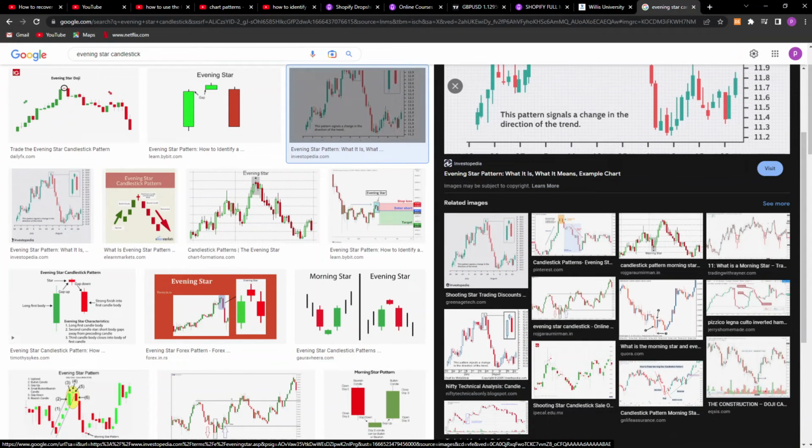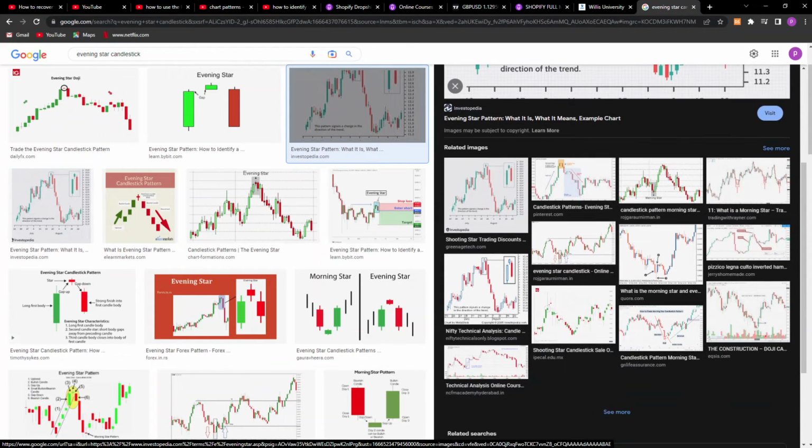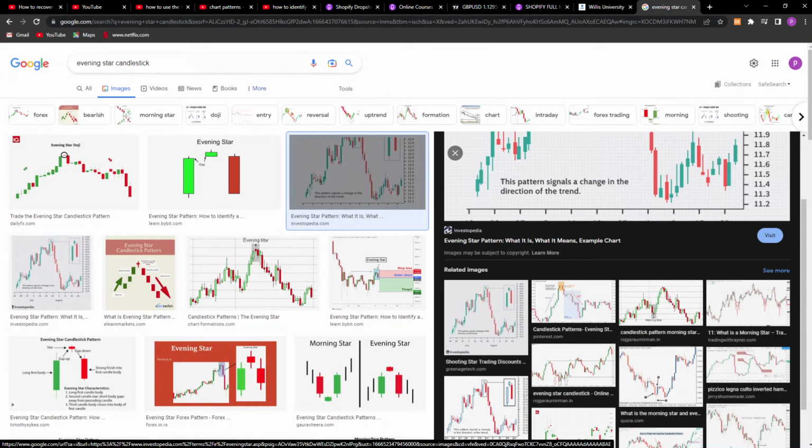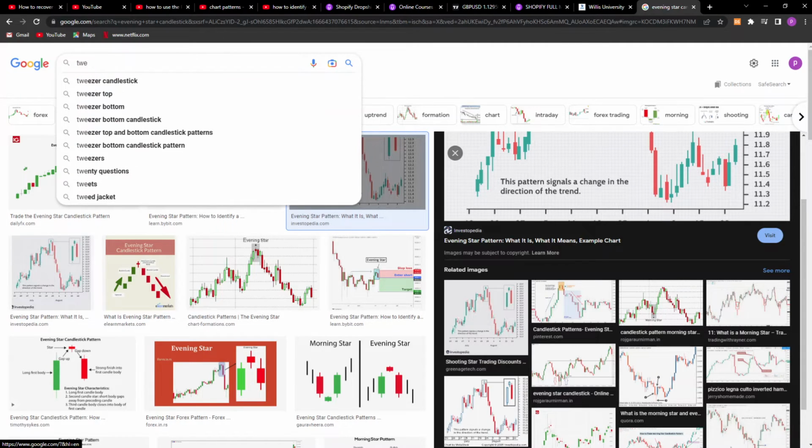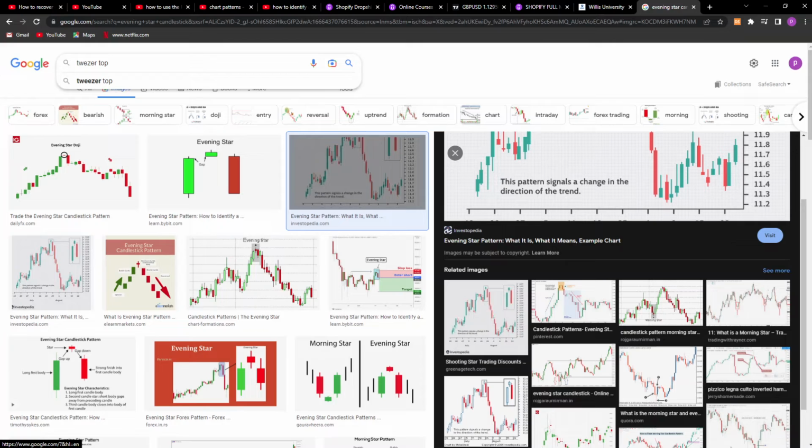Look at how price falls down. That's just to tell you what these candlestick patterns can do. So let's take tweezer top. I also identified a tweezer top candlestick.